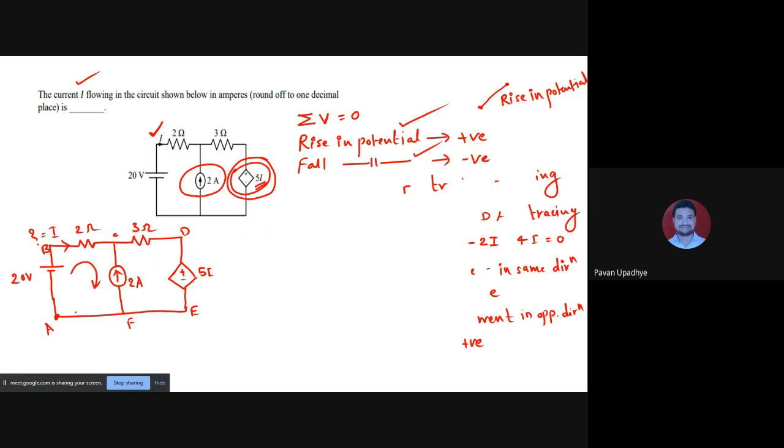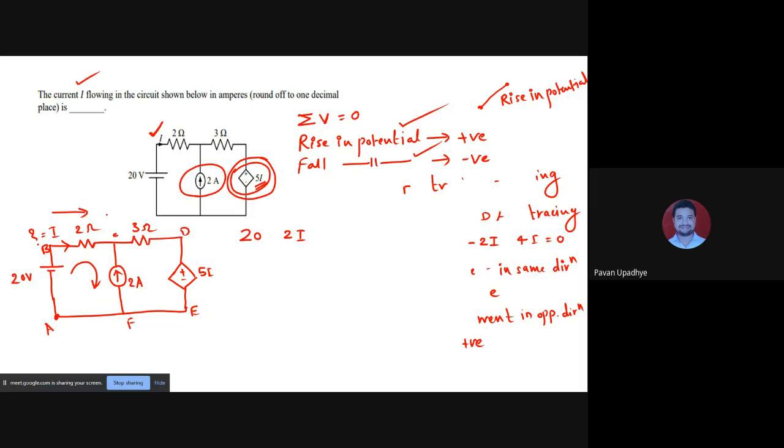We will travel from A to B and you will come across 20 volt, and that too it is a rise in potential because you are moving from the lower side of potential to the higher side of potential. Then if you travel across the 2 ohm branch, you will write 2 into I. You look at this, you are moving in this direction, I is also moving in this direction.